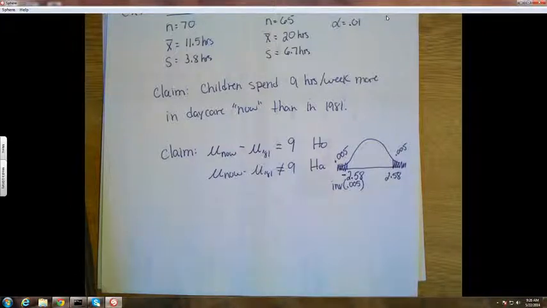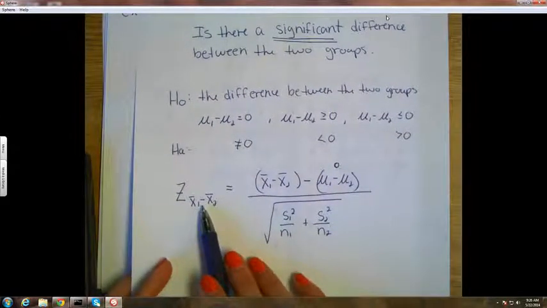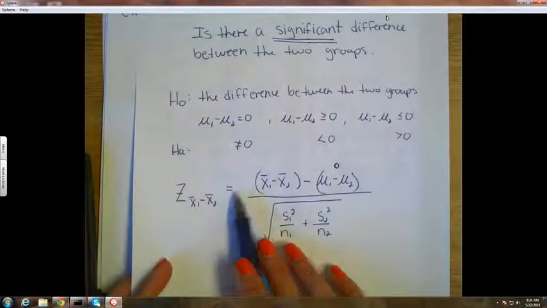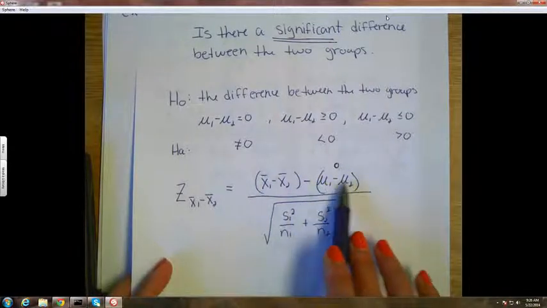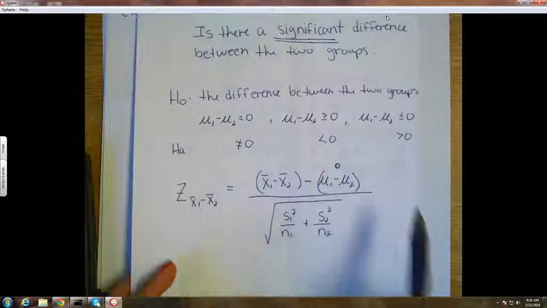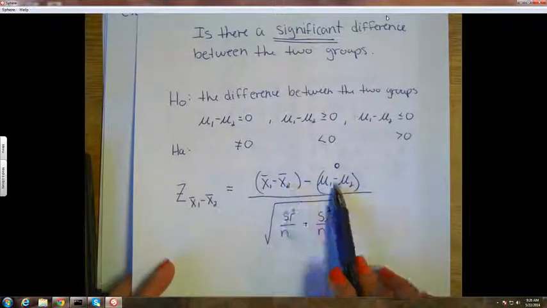Okay, now we're going to convert our sample difference into a z-score. And we're going to use the exact same formula that we had on Monday. The difference in the sample means minus the population difference. This is where it's going to be different from Monday. Now we have a number here that's not 0, but we still just use the same thing.